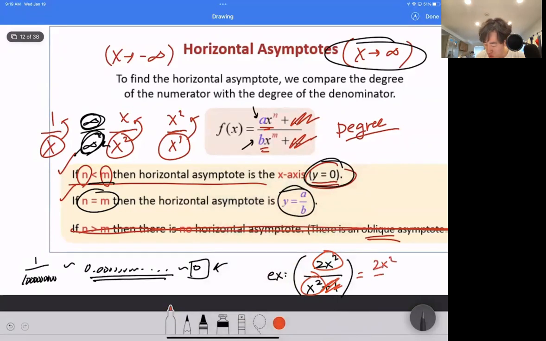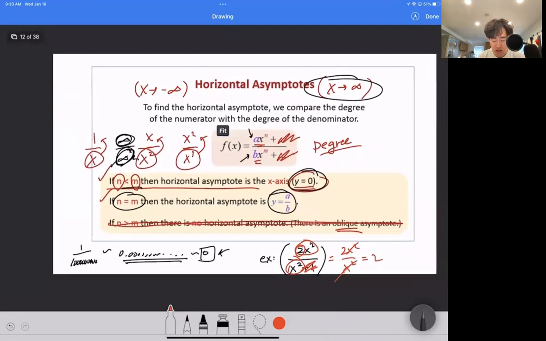So 2x squared over x squared. Since the degree of the top and bottom is the same, you can think of them as canceling out, and you end up with a 2. So you look at the ratio of 2 to 1, and voila, we're done. Those two conditions are the only ways you can find horizontal asymptotes, and I want you to keep that in mind when we're doing the next couple of problems.